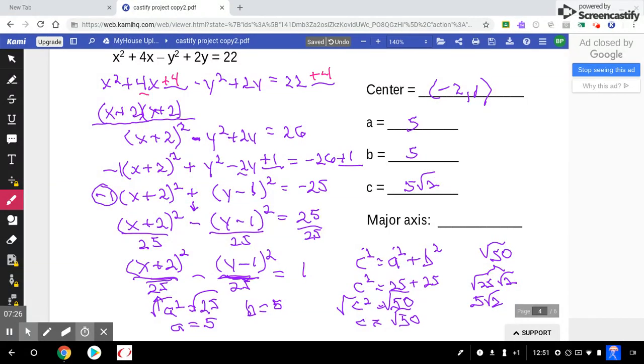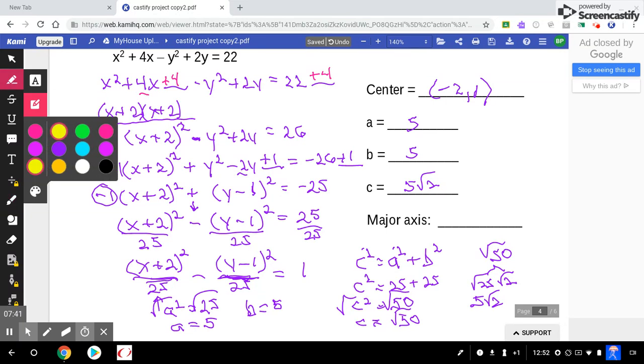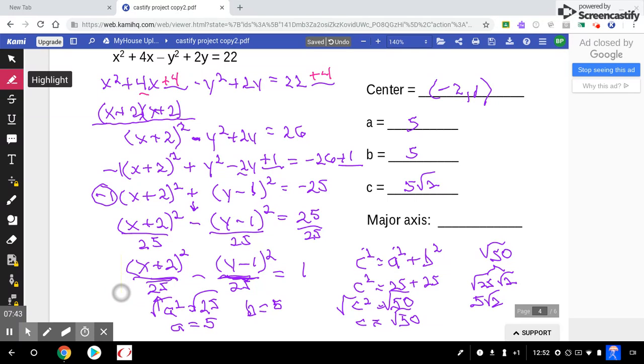And the only other thing to consider, and again, we're not going to do a graph here on this video, but it's important to know which way you're drawing your hyperbola. Is it left and right, horizontally, or is it up and down vertically? So we can kind of go back over to the problem itself, or at least the form that we came up with right here.